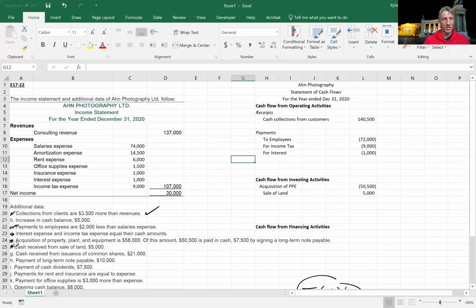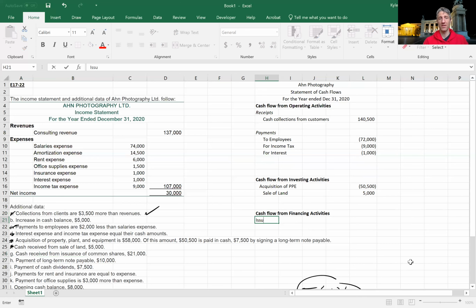Okay, part G is next. Cash received from the issuance of common shares. So issuing common shares is a financing related activity. Issuing shares, and that's going to be a cash inflow, right? You issue shares to raise money, and it was 21,000. Payment of long-term note payable, right?